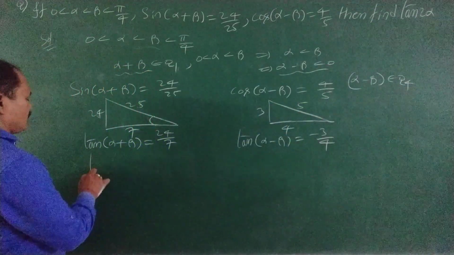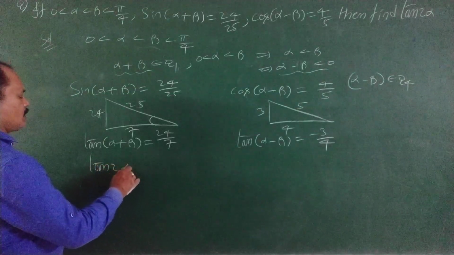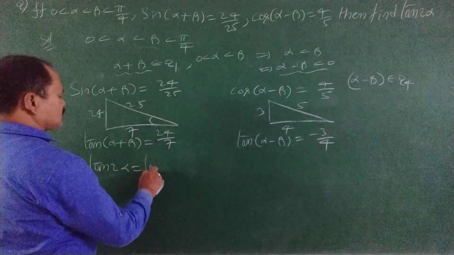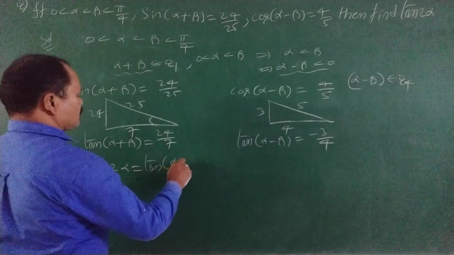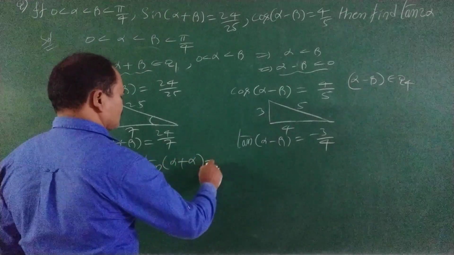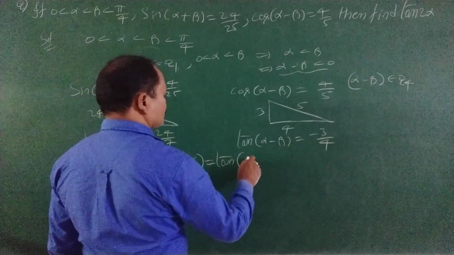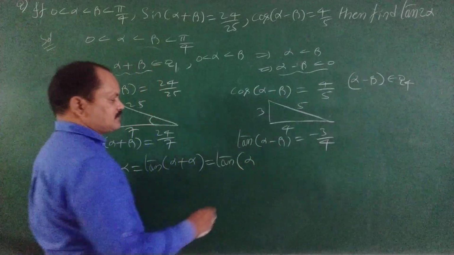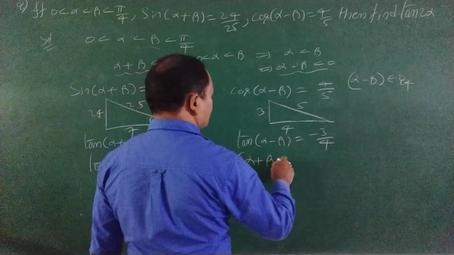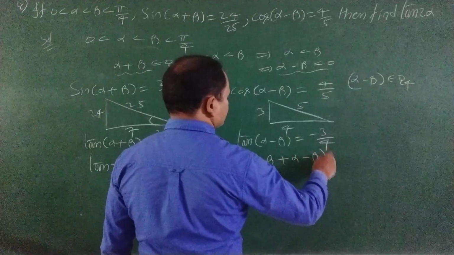Now what do we have to find? Tan 2 alpha. This can be written as tan of alpha plus alpha, which can be written as tan of add beta and subtract beta: alpha plus beta plus alpha minus beta.